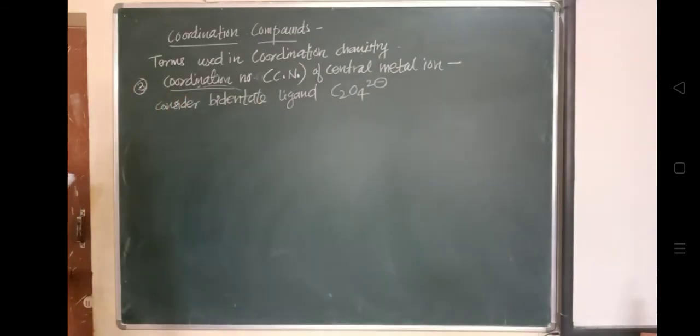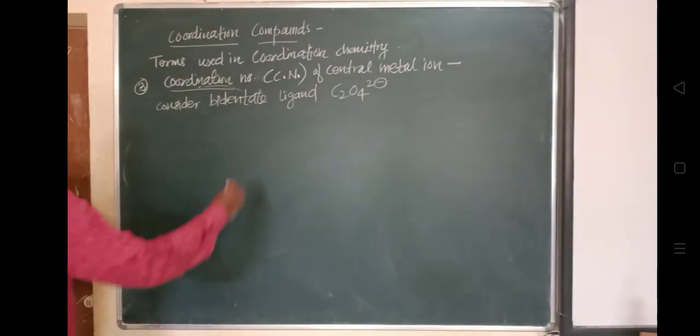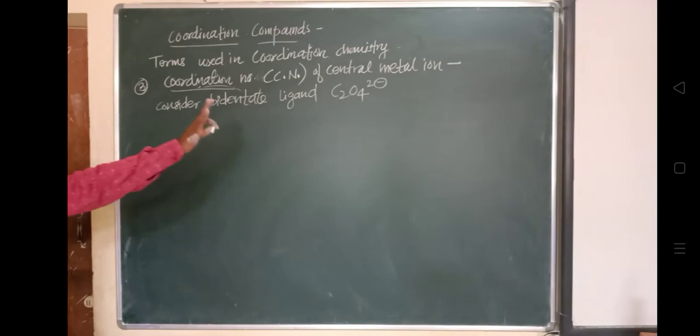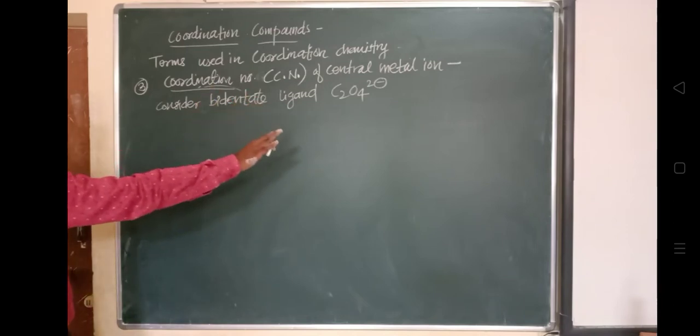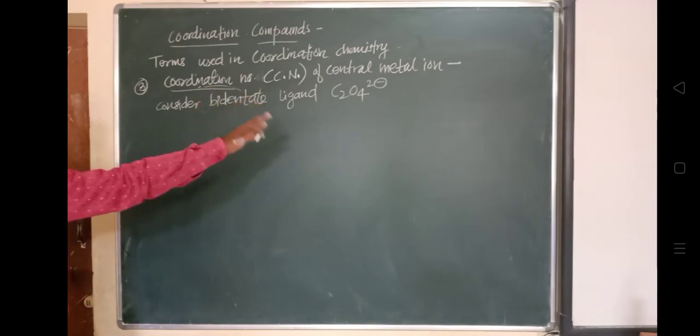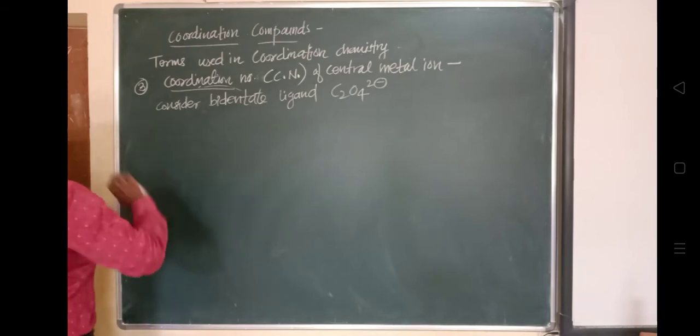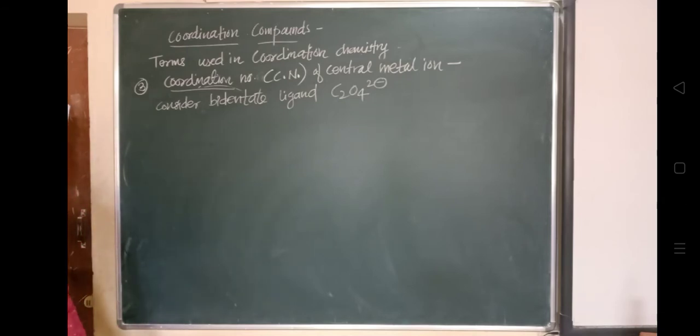You can see this nitrogen and this nitrogen. These can contribute their electron pair. Two atoms are present that can contribute their electron pair.